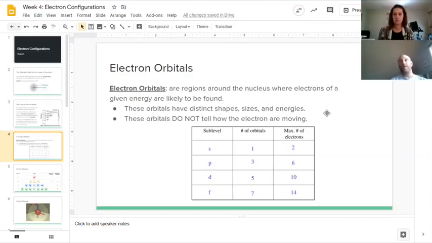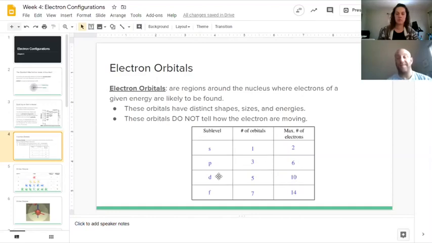The 4 that we're going to talk about are S, P, D, and F. An S sublevel has 1 orbital, and by the rule I said before, that orbital can hold 2 electrons. The next sublevel is a P. In a P sublevel there are 3 orbitals, and each orbital can hold 2. 3 times 2 gives you 6.